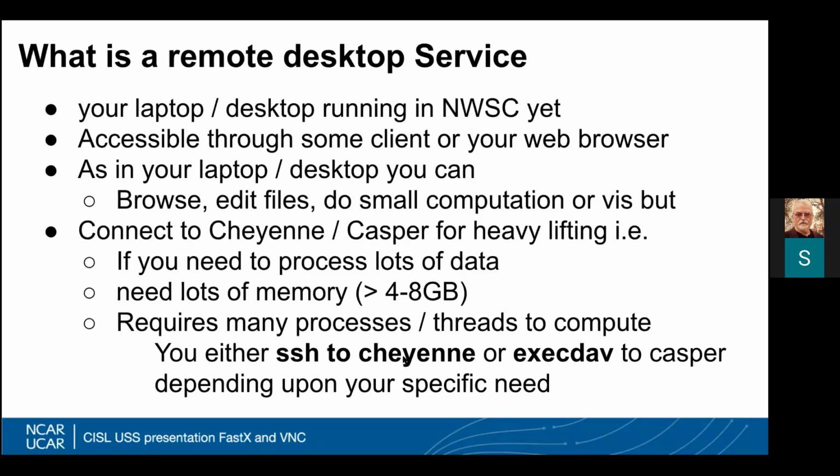Or if this node happens to be a Casper node, you can execute exec-dab right from the FastX server. More later on this particular way of accessing. So this is about a remote desktop service. This is just to summarize your existing Mac or Windows or Linux desktop sitting in NWSC. That's the best way to think about it.